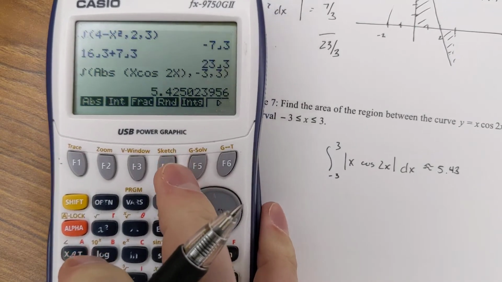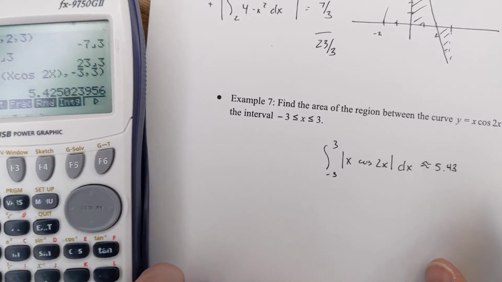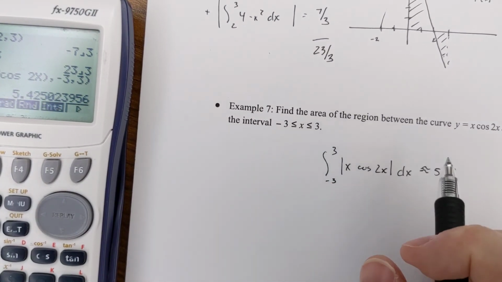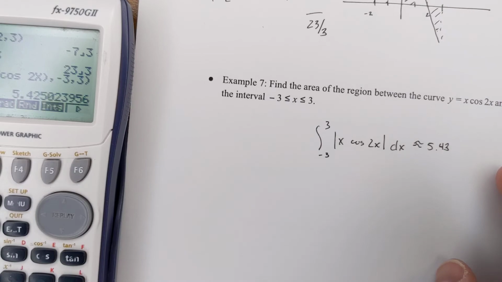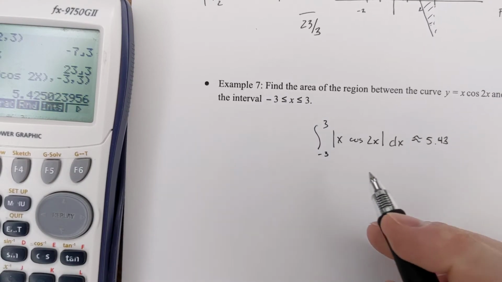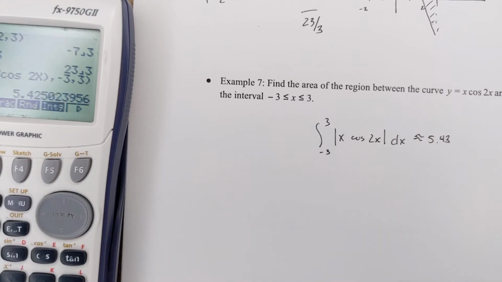5.43. So if you're finding total area, or just find the area of the region between, that's actually a total area problem. So total area is done by taking absolute values of the functions.